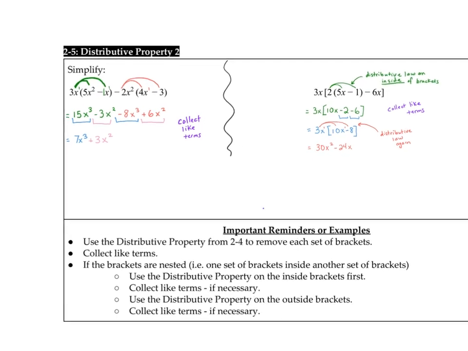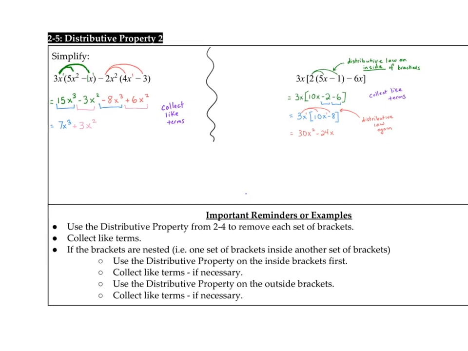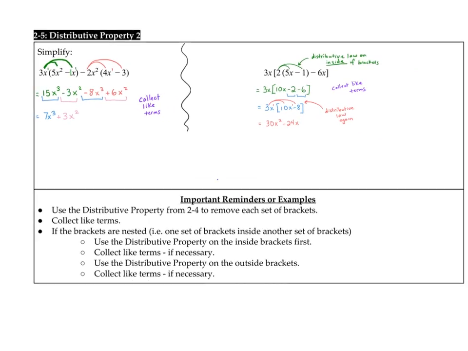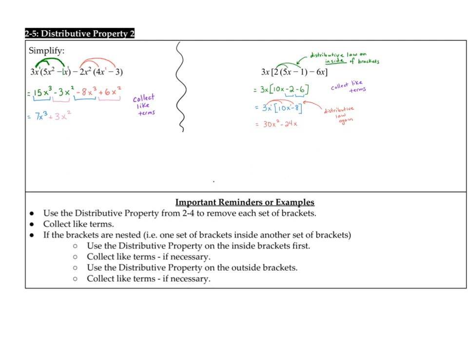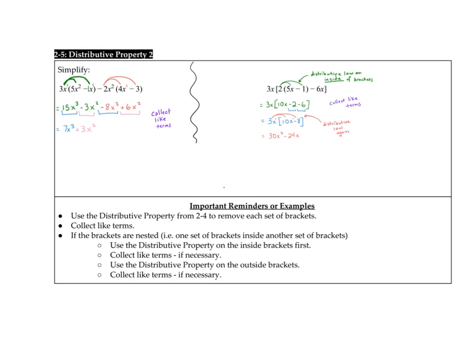So what you might have is a case of side-by-side distributive law or one distributive law inside of another. So you're going to use the distributive law from 2.4, which was last lesson, to remove each set of brackets.